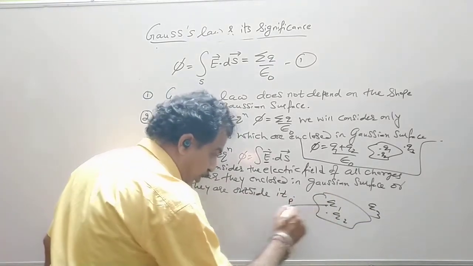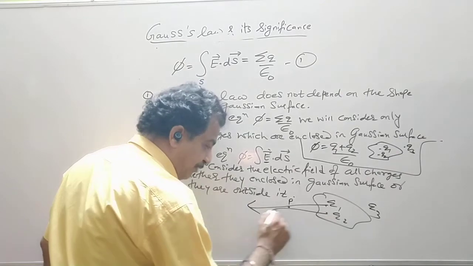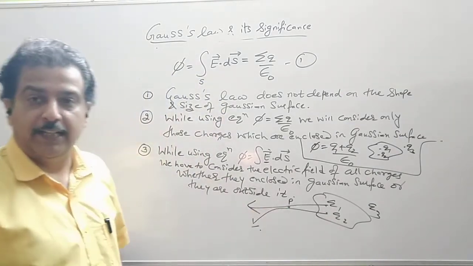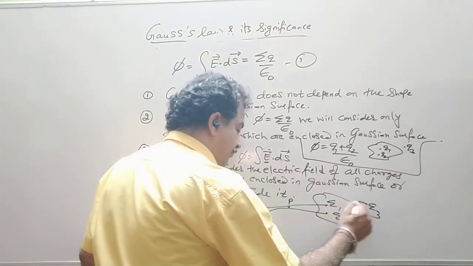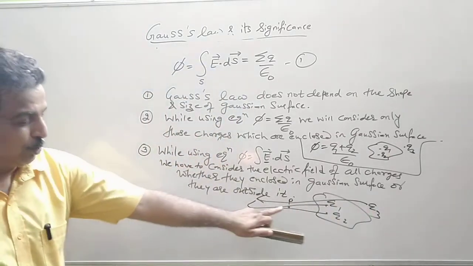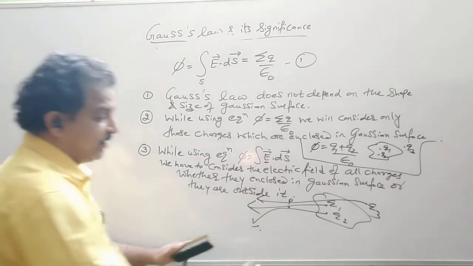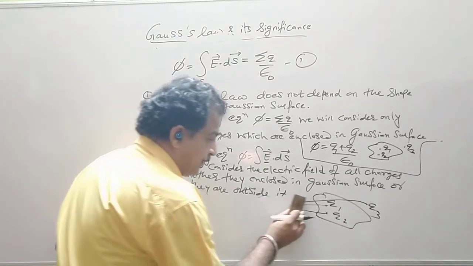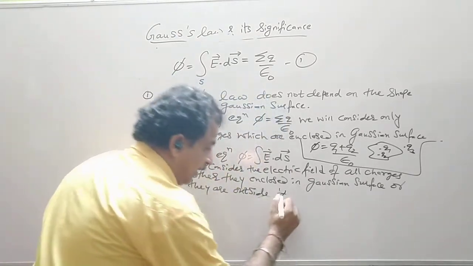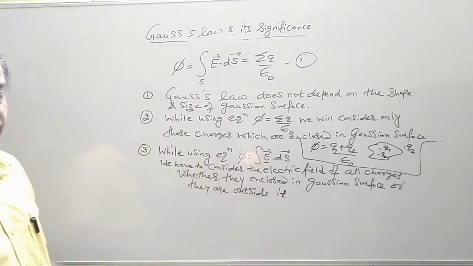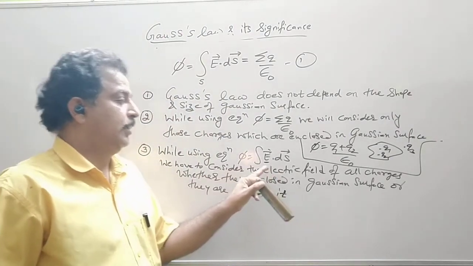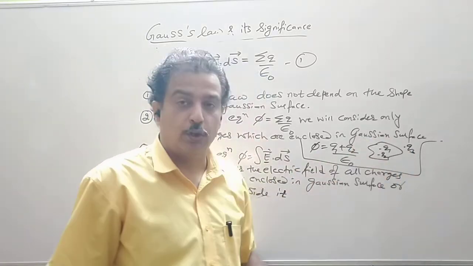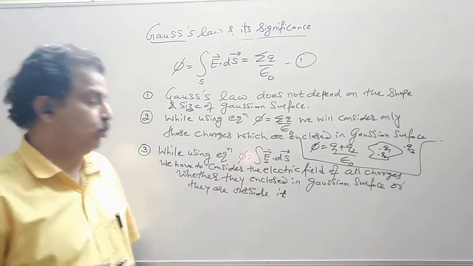So its field line will also pass through this point P. We know that two field lines can never intersect each other, but this effect will also be seen through this point P. So all the three sources will contribute to this point P when we have to find out the electric field intensity. So if we have to find out electric field intensity or the flux, you will consider all the charges as a source, whether they are inside or outside the Gaussian surface.